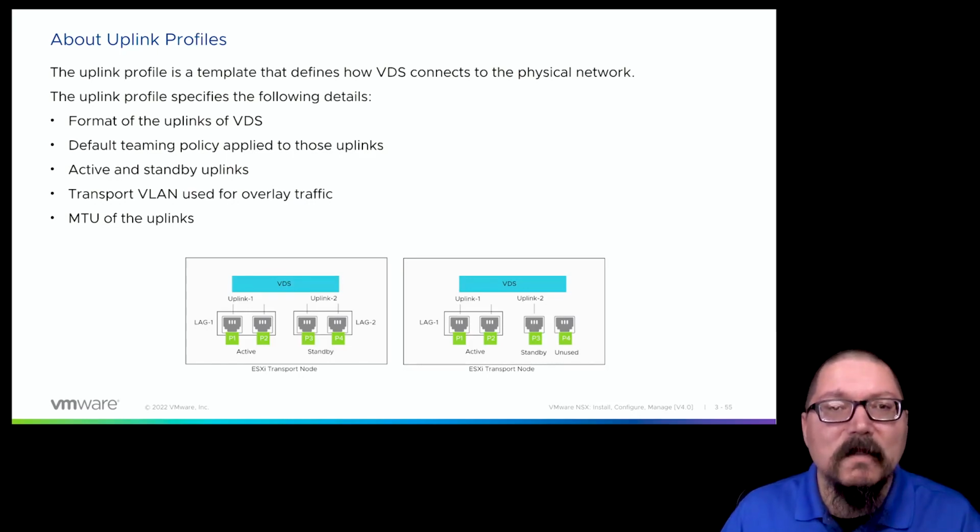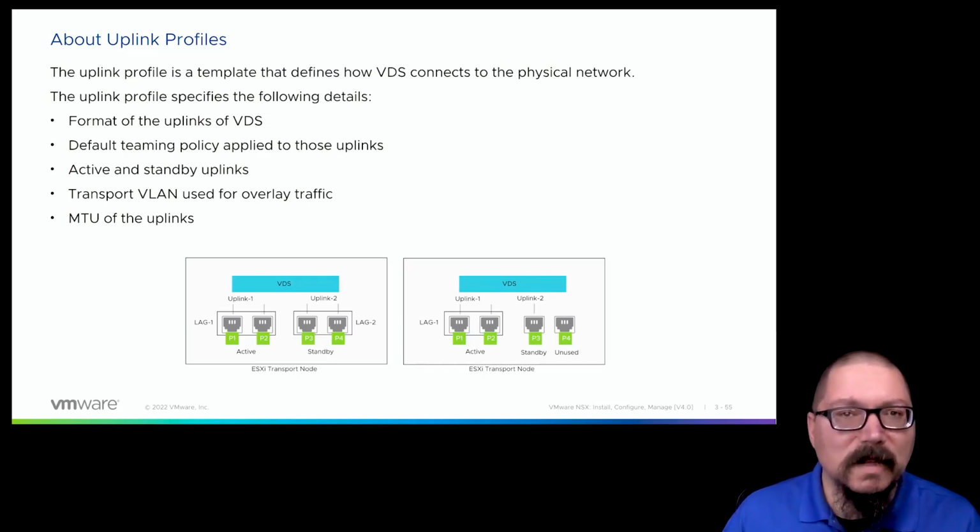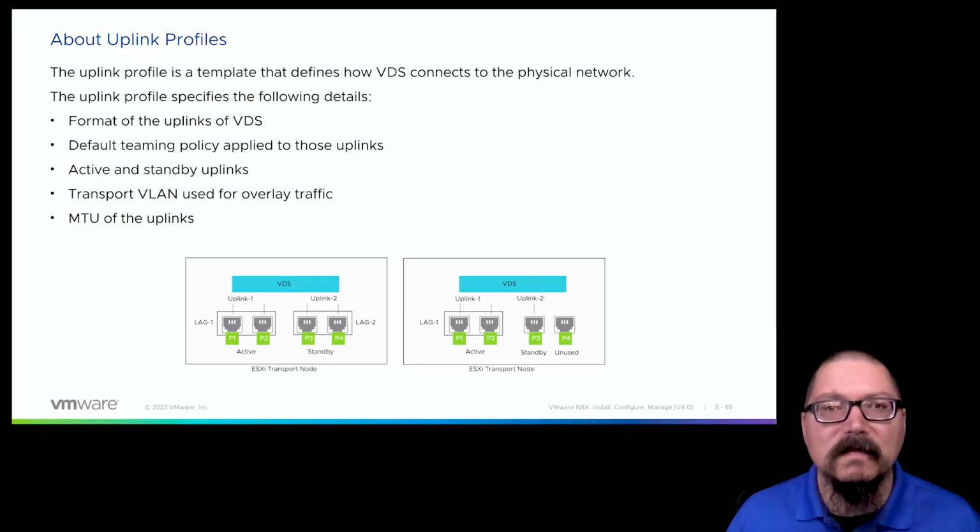The uplink profile is a configuration template for NSX to apply that defines the number of uplinks, what we're calling those uplinks in NSX, and what our NIC teaming policy is going to be for those uplinks. In other words, how is NSX going to work with multiple uplinks? Are we going to do an active-active or an active standby configuration? If it's active-active, how do we know what traffic is using one uplink versus another, and so on?